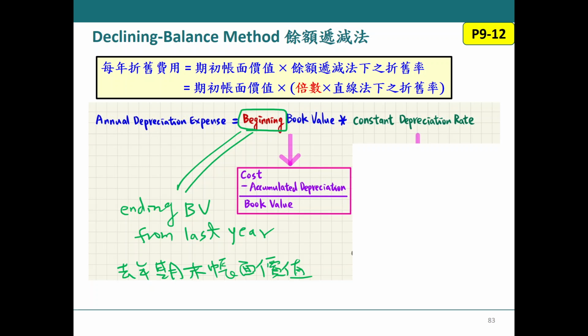Okay, so based on beginning book value times what? Constant depreciation rate. Constant means the same for each year.